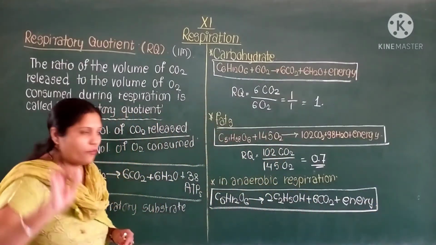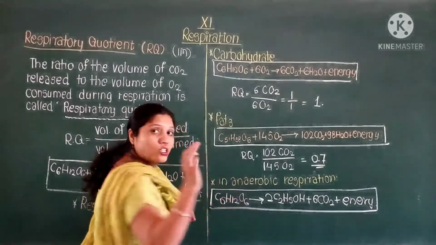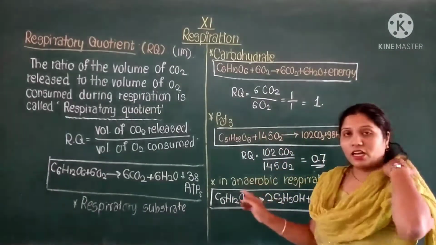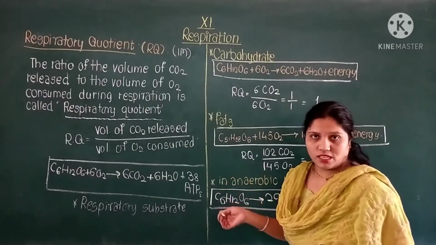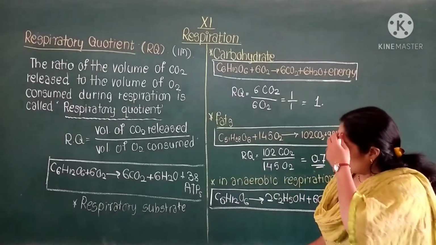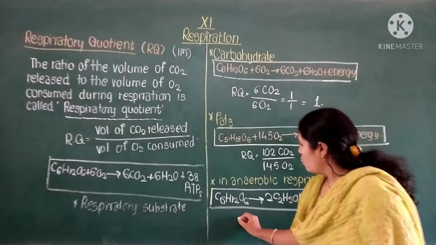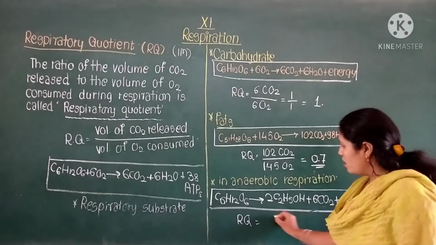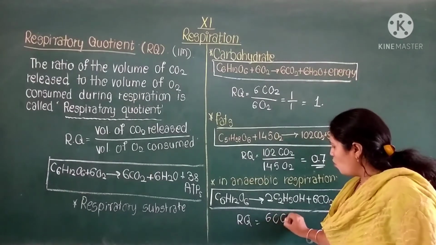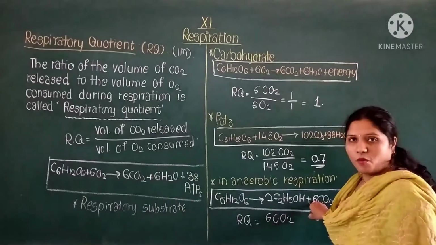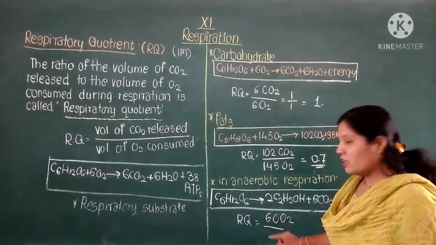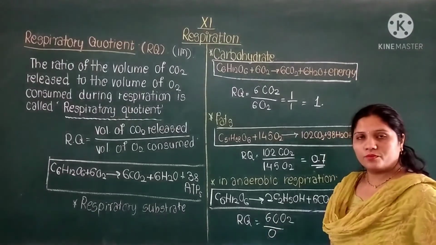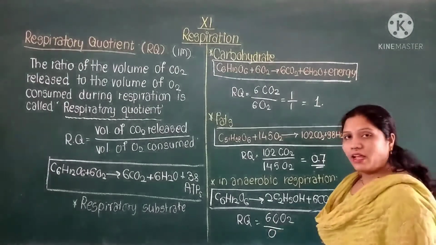On the basis of the equation, you will understand that oxygen is not present, because in anaerobic respiration the molecular oxygen is absent. So if you observe the respiratory quotient in this anaerobic respiration, 6CO2 is released, but oxygen consumed is nothing, so we consider it as 0.